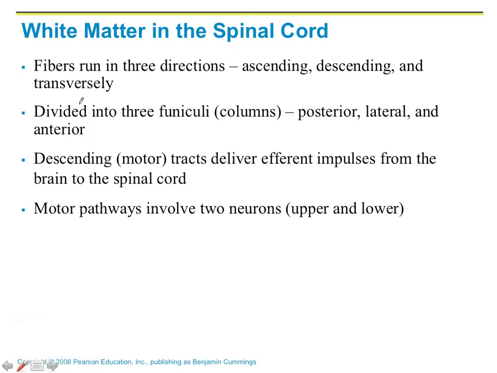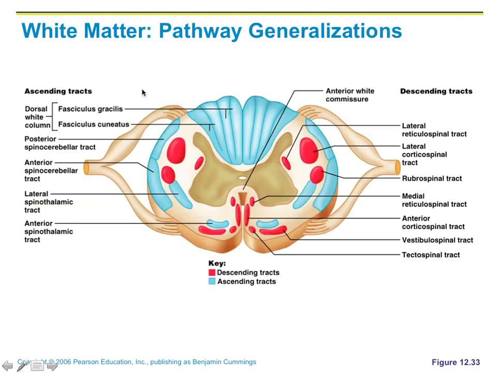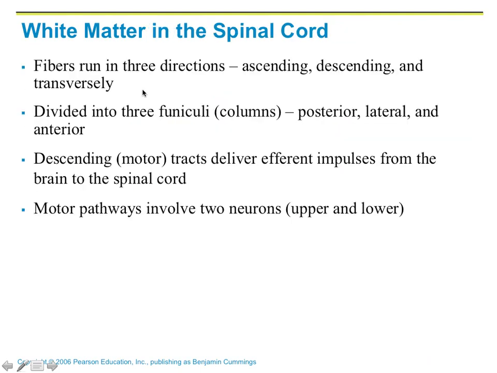Okay, transversely. So that's for, do you guys still remember, the anterior commissure. Okay, anterior commissure. So the white matter is divided into three parts, 3 columns: posterior, anterior, and lateral. Okay.